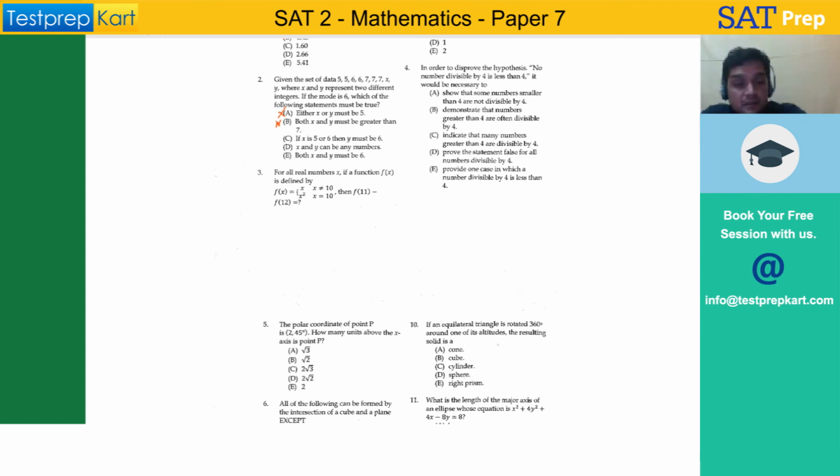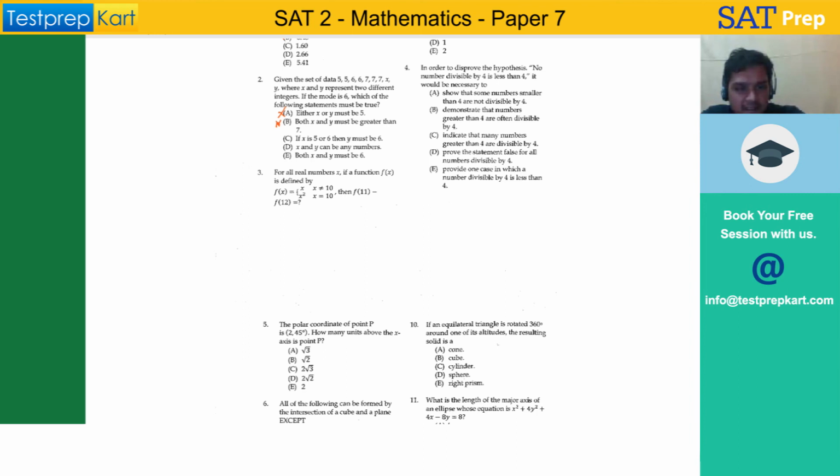Third case: if x is 5 or 6, then y must be 6. If x is 5 and y is 6, then the mode is not 6.